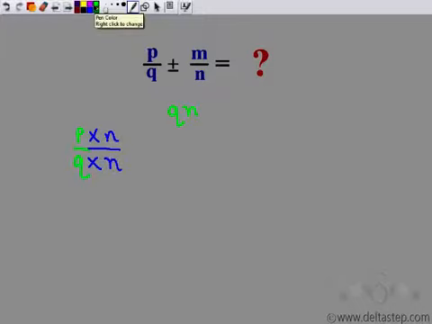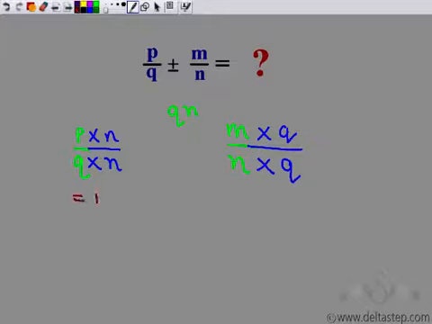Similarly, for m by n, I would multiply both the numerator and the denominator by q, because I want to make it qn. So now what do I get? In this case, I get pn by qn. In this case, I would get mq by nq.